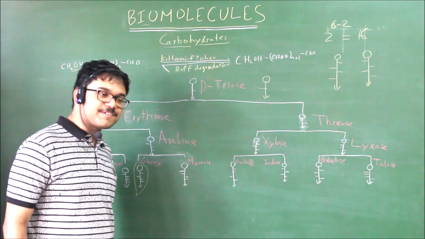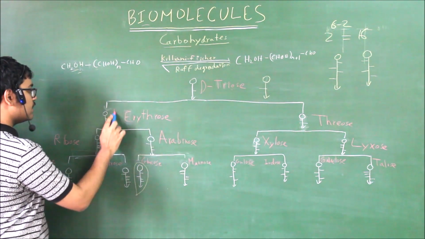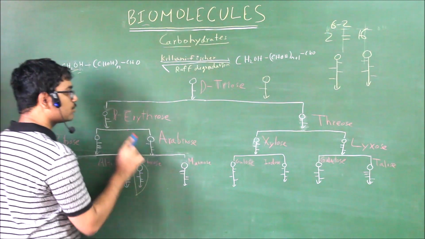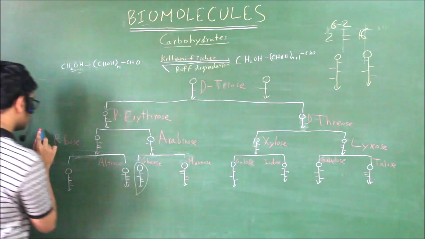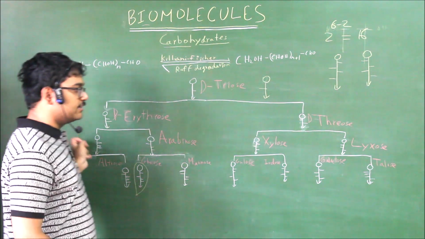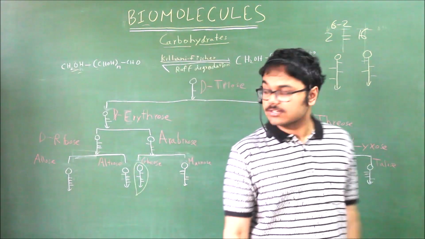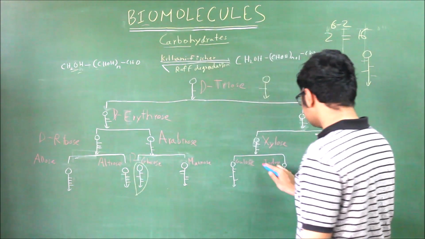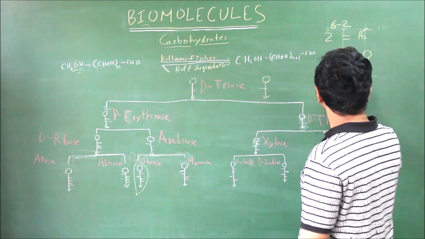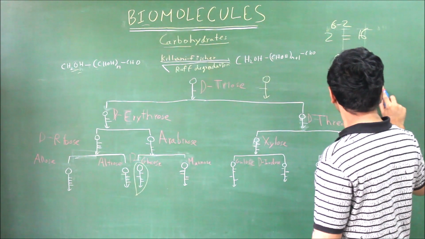Anything derived from this via Kiliani-Fischer synthesis is prefixed with the letter D. D-erythrose, D-threose, D-ribose, etc. D-arabinose, D-xylose, you get the picture. This is also D-glucose. And this is D-idose.